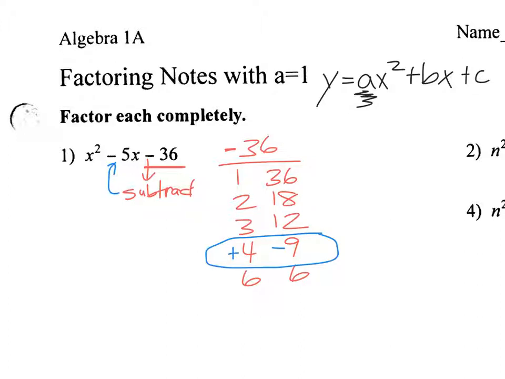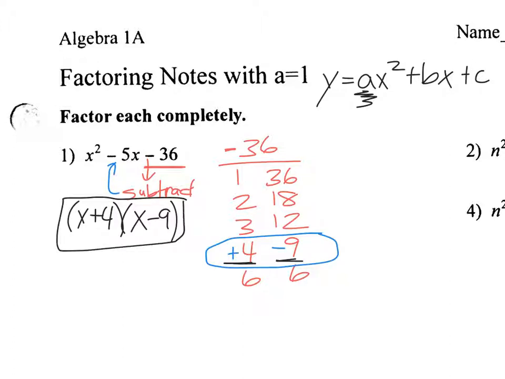So my factors are positive 4 and negative 9. So I have x plus 4 and x minus 9. And if I were to multiply this out using FOIL, distributive, the box method, whatever, that's what I would end up with.